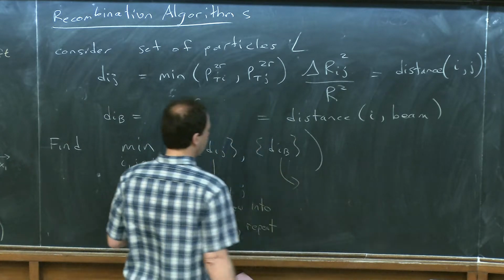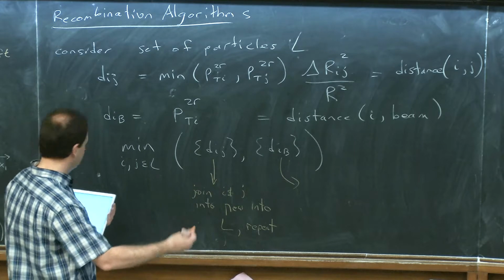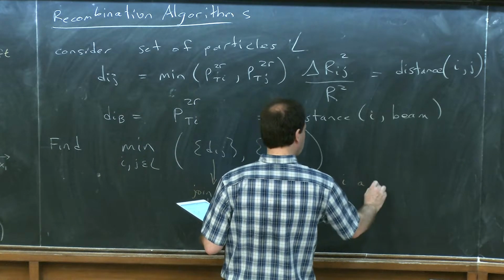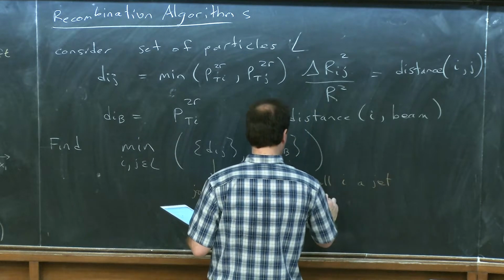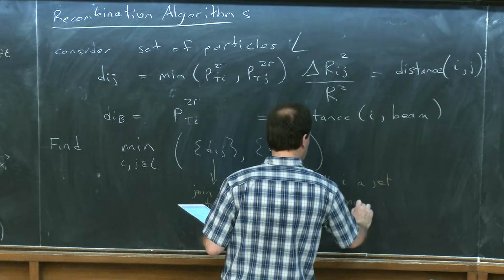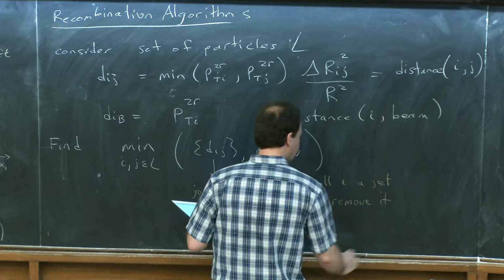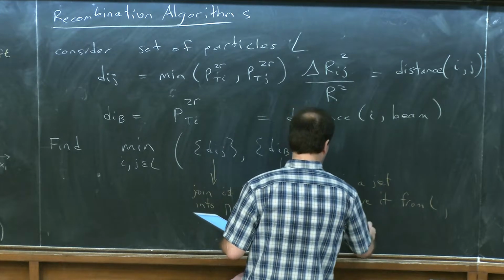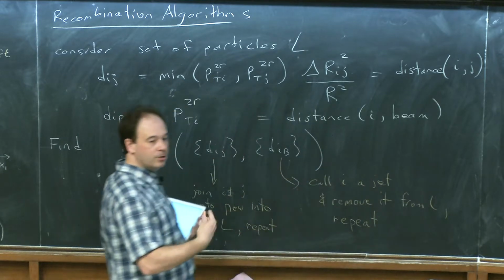If the distance to the beam is the smallest, then the particle i is close to the beam. So at this point, I'm going to call i a jet and just remove it from the list. And then I repeat again. So this is something I can do over and over again.